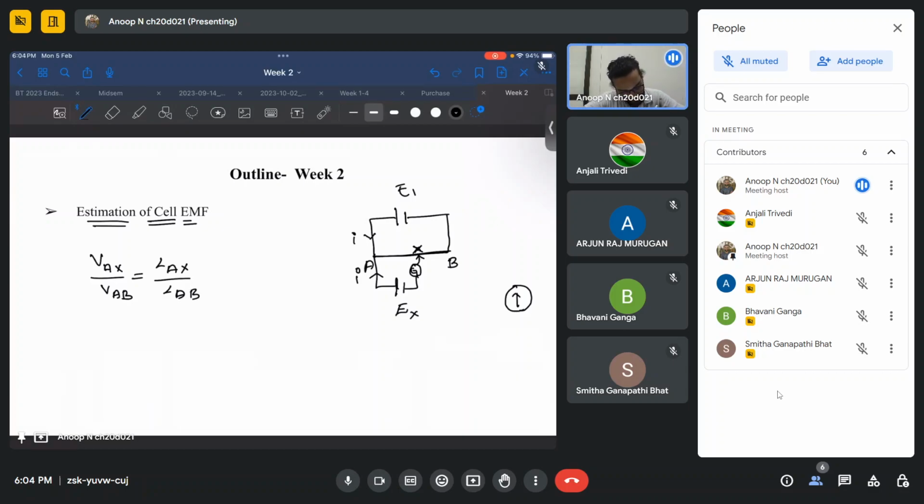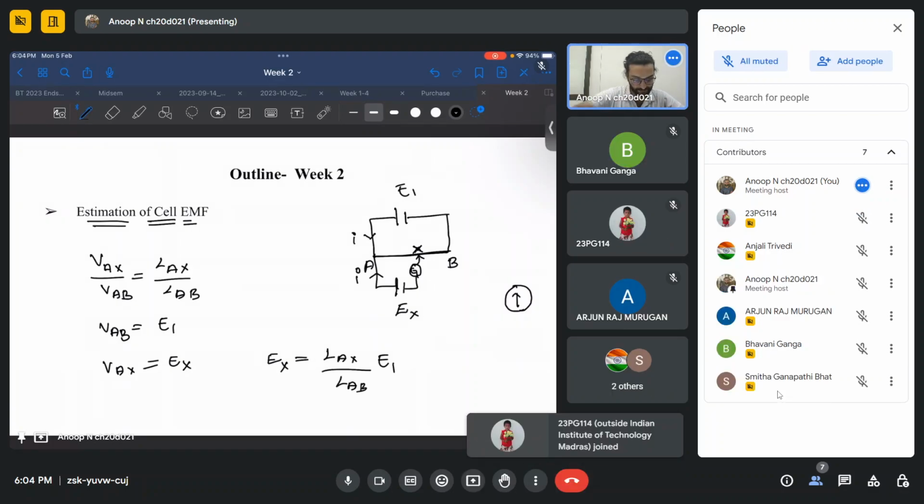Here VAB is equal to E1, and similarly VAX is equal to EX. So we can substitute: EX is equal to LAX divided by LAB into E1. Like that, we can calculate the potential of the unknown.